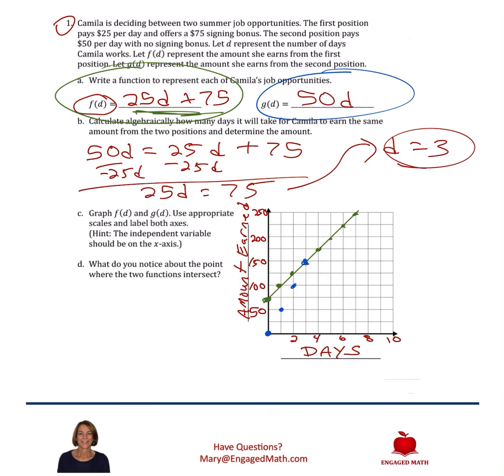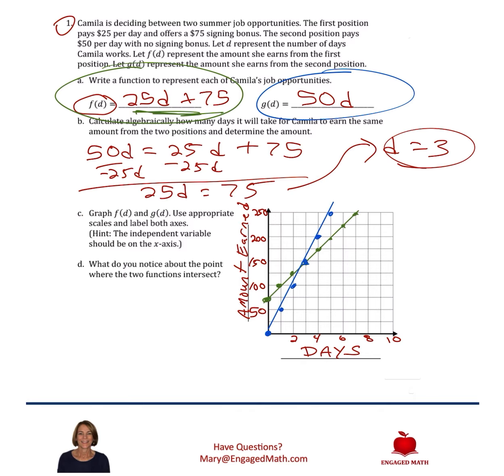So just make sure you can see why this is going to be the graph of the second possibility, the second option for her summer job. So we go up $50 every time a day goes by. So this time, this would be her graph. So let's kind of make this into a line now. And we'll kind of get that to be nice and straight.